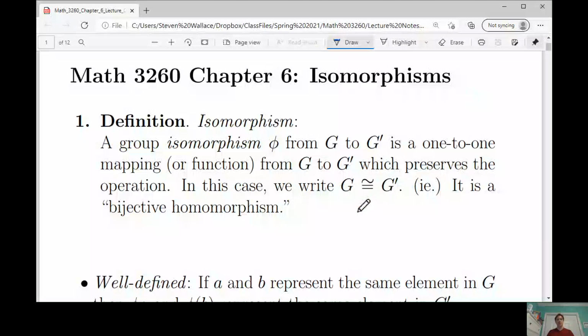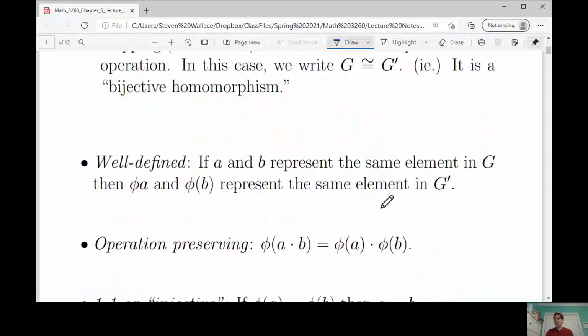Another way to say that is there's a one-to-one and onto function or mapping from the underlying set of one group to the underlying set of the other group, such that the operation is preserved. So here are the things that one has to prove when showing that two groups are isomorphic.